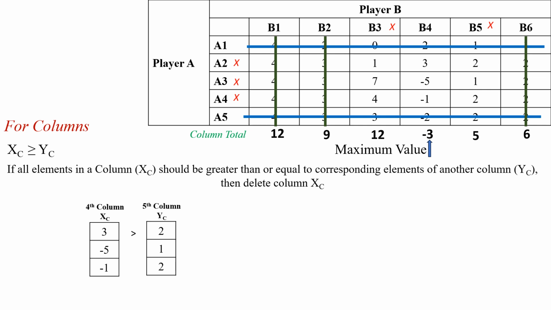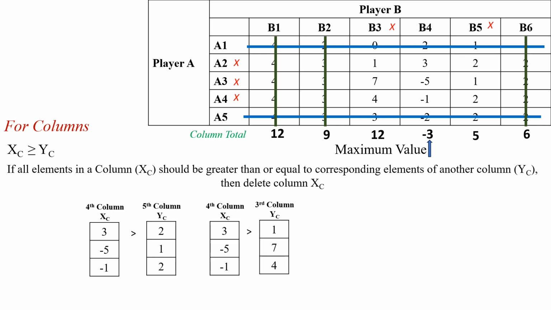So here dominance rule is not satisfying. Then we have to compare the fourth column elements with the third column elements. Here 3 is greater than the 1 but minus 5 is not equal and not greater than the 7. So here also dominance rule is not satisfying. Then we have to skip this fourth column.